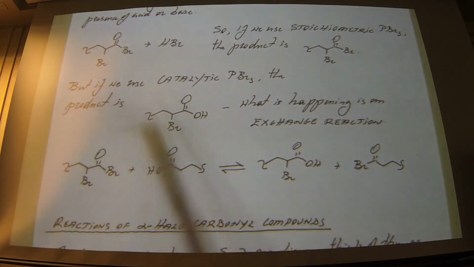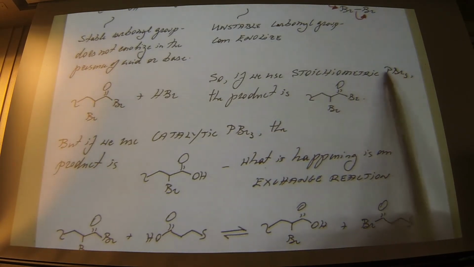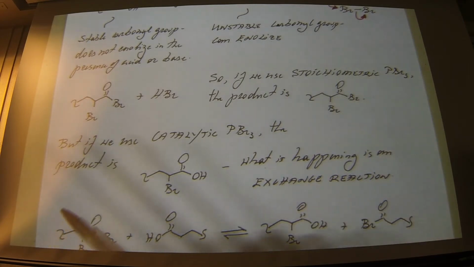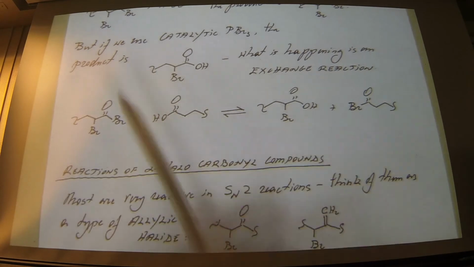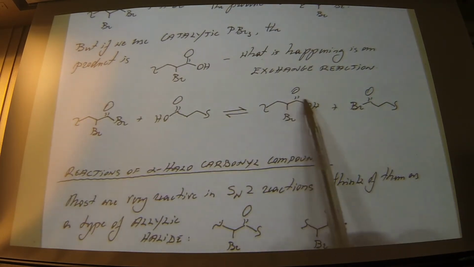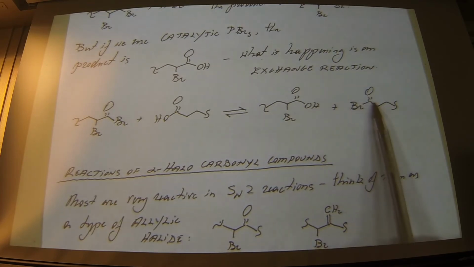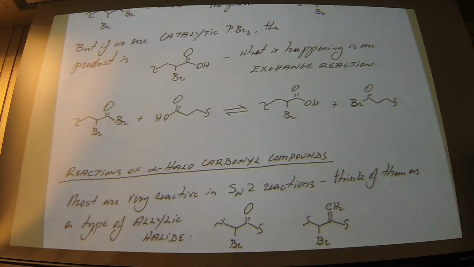And if you use a full equivalent of PBr3, that's where it goes. But if you use catalytic PBr3 or catalytic phosphorus, then you get an exchange reaction. This stuff and that stuff come together to give you the product in the acid bromide. This then undergoes enolization bromination, and this enters the catalytic cycle again.